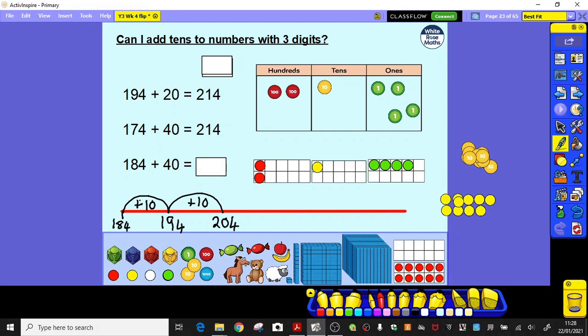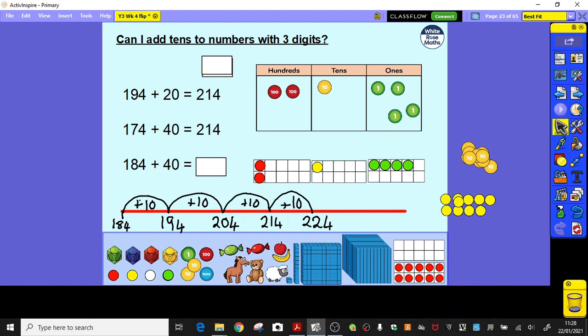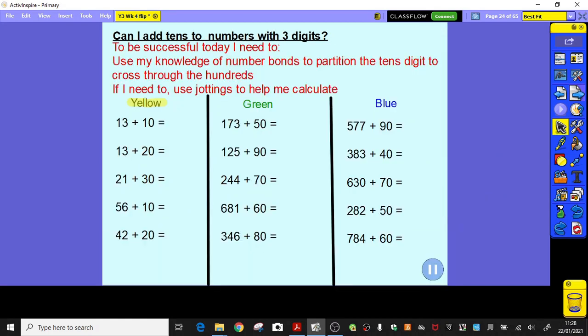Goodness me, I don't know why I'm jumping into thousands there. So to go to 204, then add another 10, will take us to 214, and another 10 will take us to 224. So let's have a look what's under the box. There we are, 224.